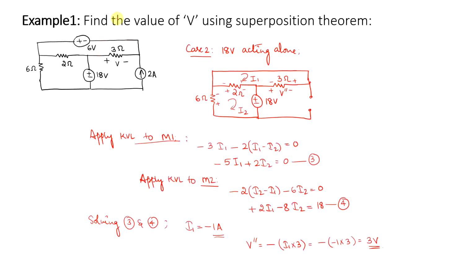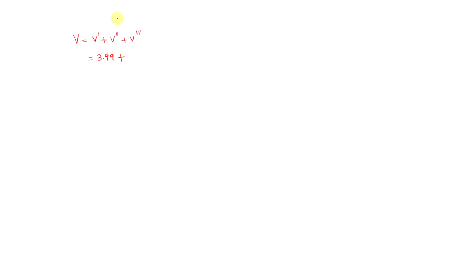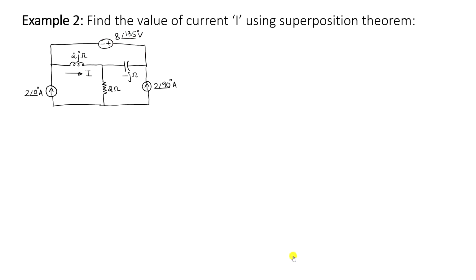So this is equal to 3.99, the value that you obtained in the beginning. Second one, the value was 3 volt, and third one the value was minus 2 volt. So the final answer is 4.99 volt.